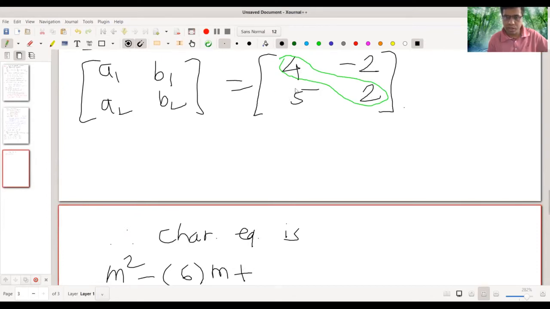So it is 8 plus 10, 18, equal to 0. So this is our characteristic equation.